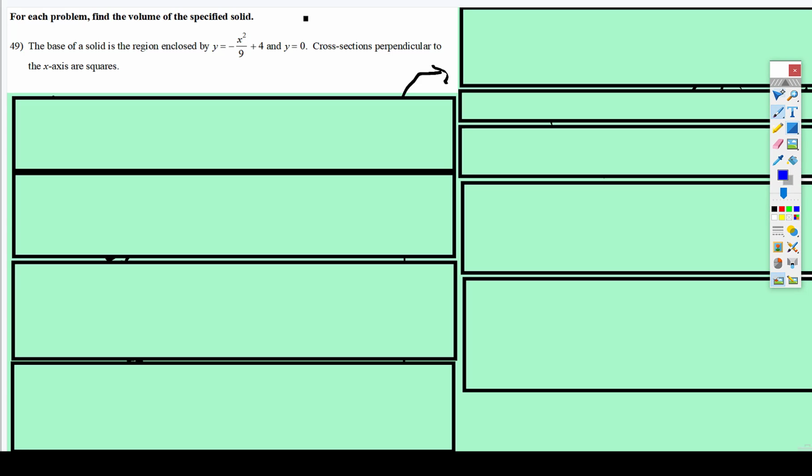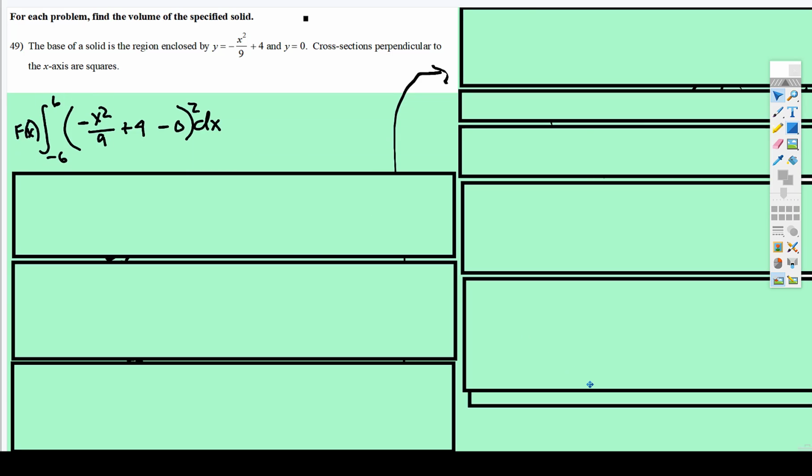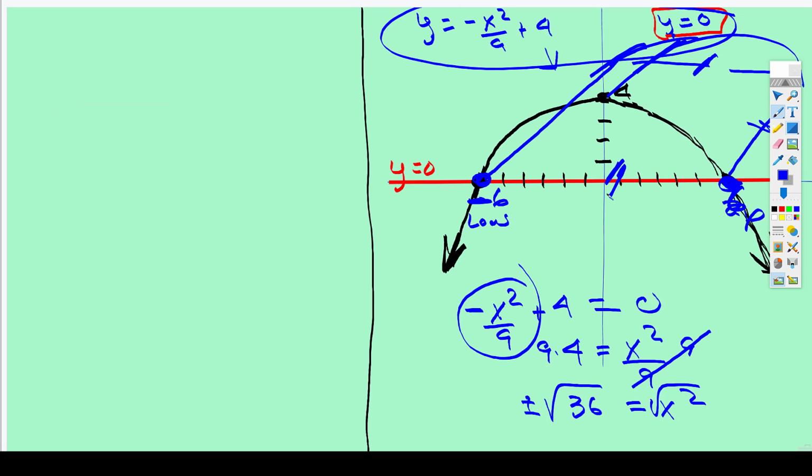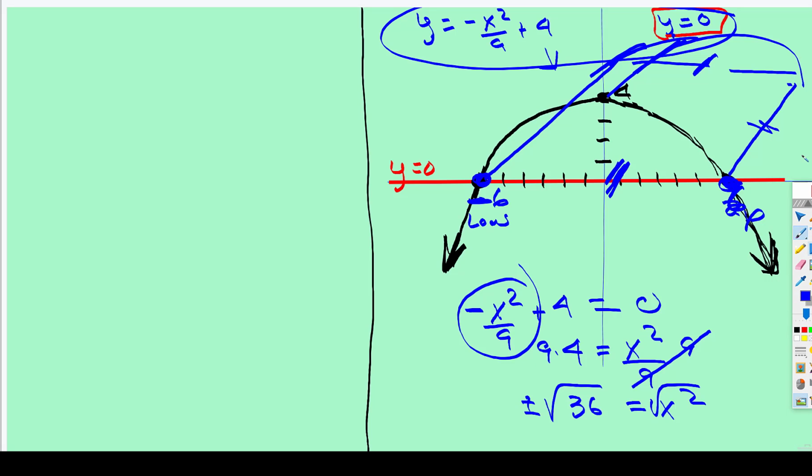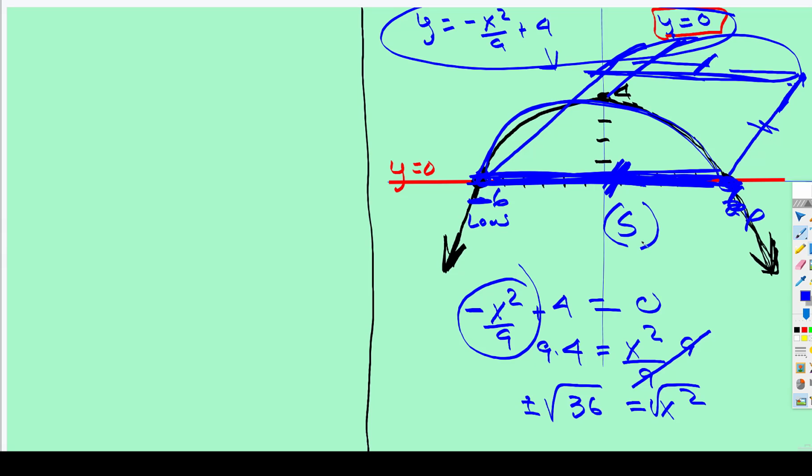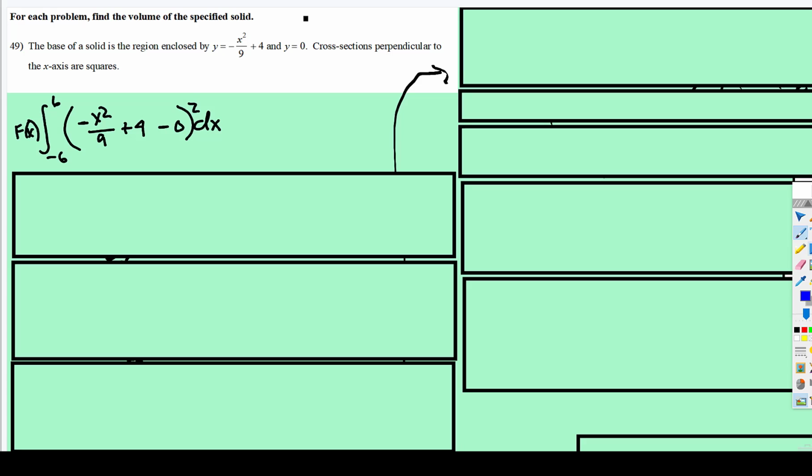So this is what the setup is, because remember, it's the square that essentially we're having to integrate, right? And this side right here, how we arrive at that side, well, it's upper subtract lower. So that's how we arrive at the length of that side, and then you square it. We're going to integrate that.